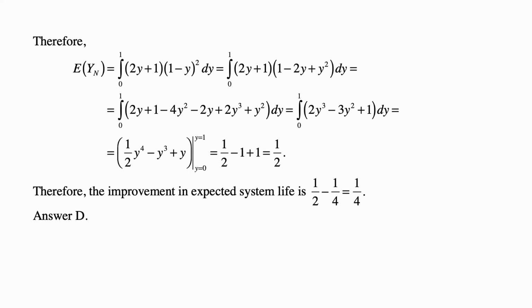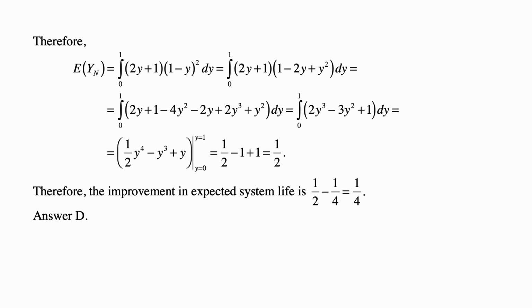That's the integral from 0 to 1 of 2y plus 1 minus 4y squared minus 2y plus 2y cubed plus y squared. If you just multiply it out, then combine the like terms and we get the integral from 0 to 1 of 2y cubed minus 3y squared plus 1 dy.